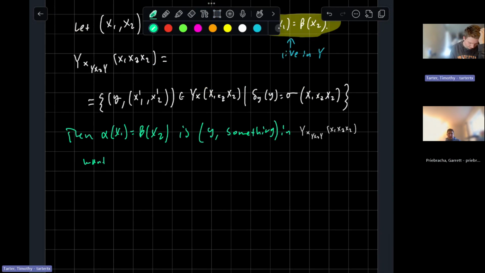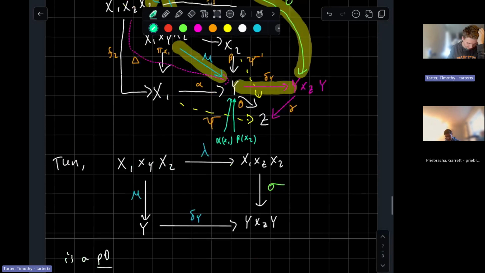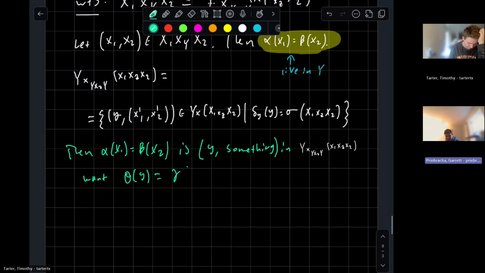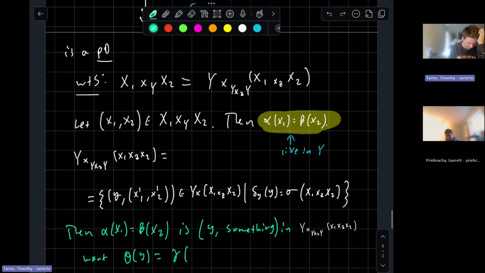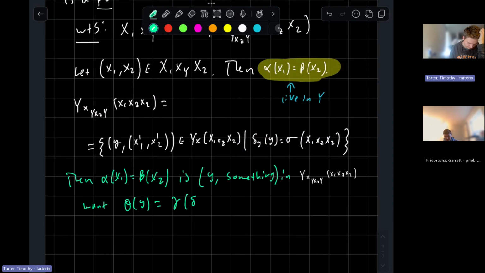So we want theta of y to be equal to gamma, I think that's right. Yeah, gamma of the thing that feeds of delta y of x1 prime, x2 prime.